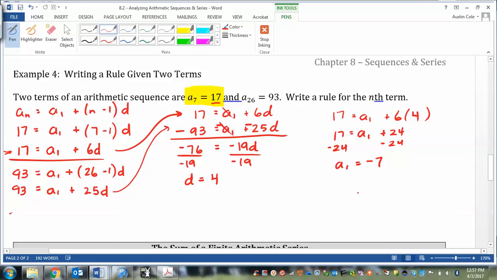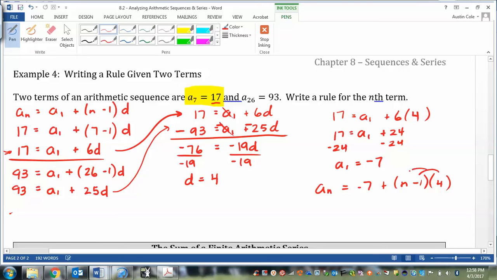So now when I'm writing my rule, a sub n equals, I have my first term, don't I? So that's negative 7 plus n minus 1 times my common difference. What's my common difference? 4.